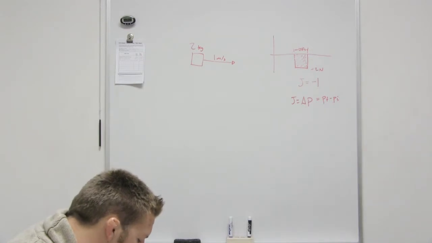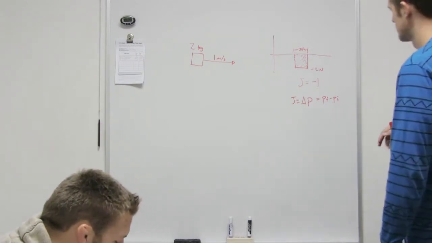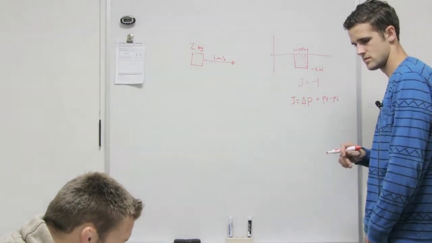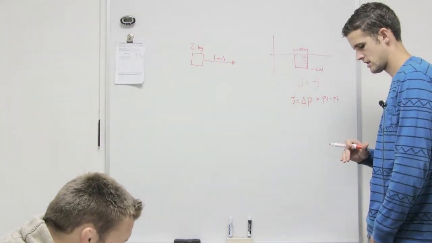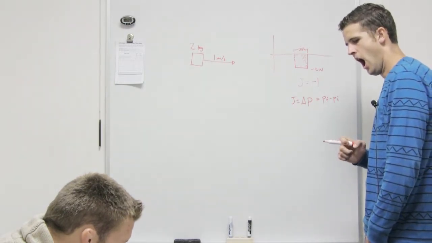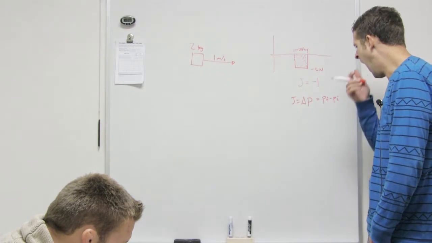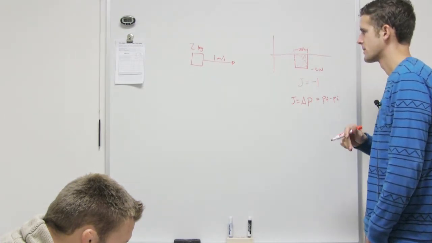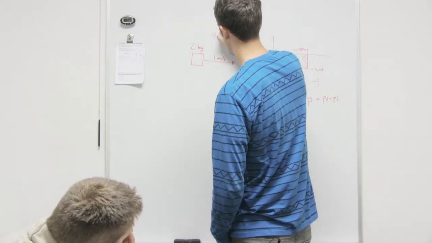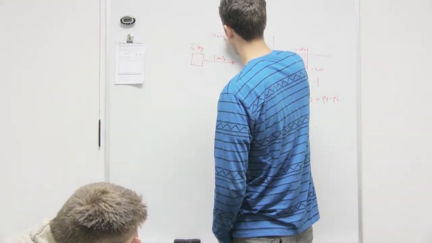With the P final, so what would P final be in that graph? It's not on the graph.